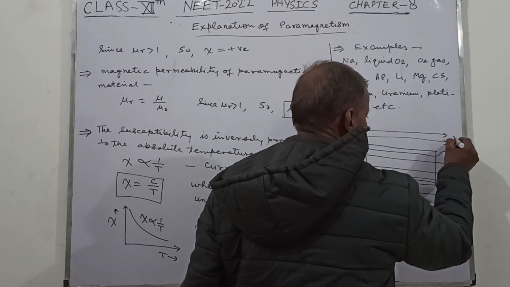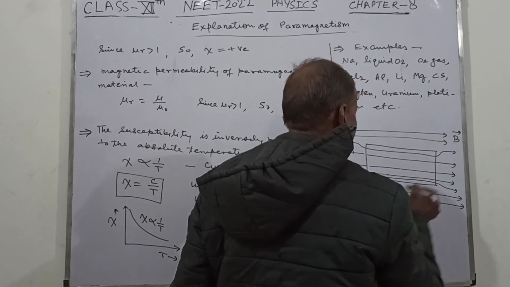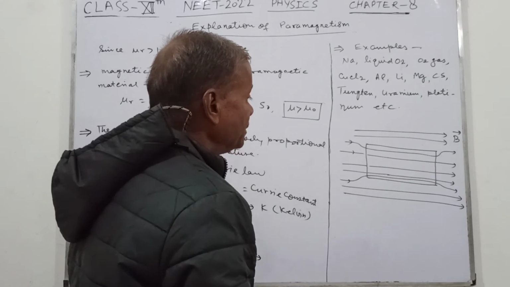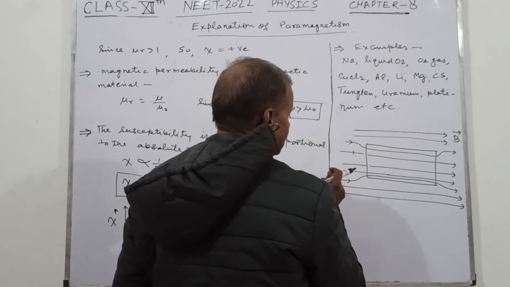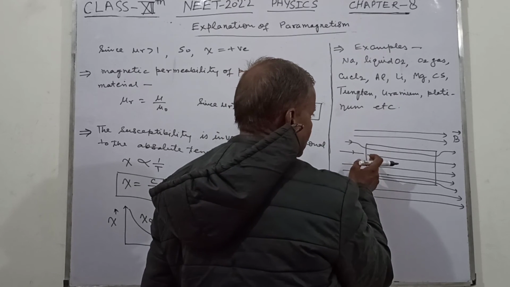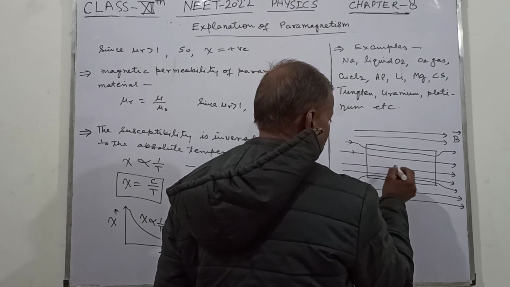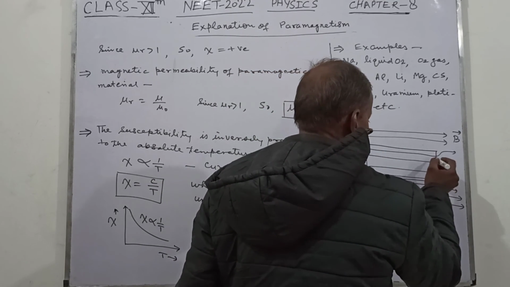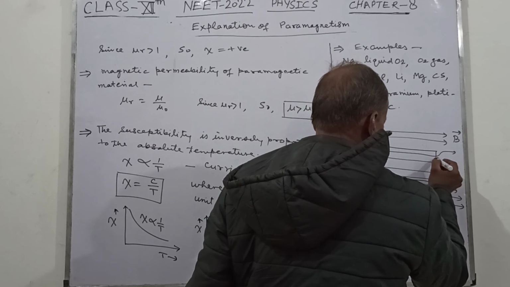This is the applied magnetic field B. And what will happen to the inside of this one? Suppose this is coming from this north pole, then this will be the south pole. So magnetic lines of force are like this in this one.